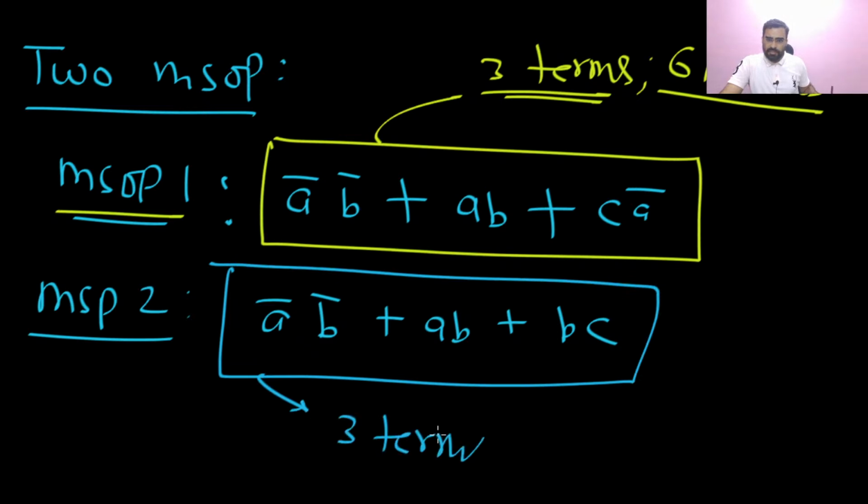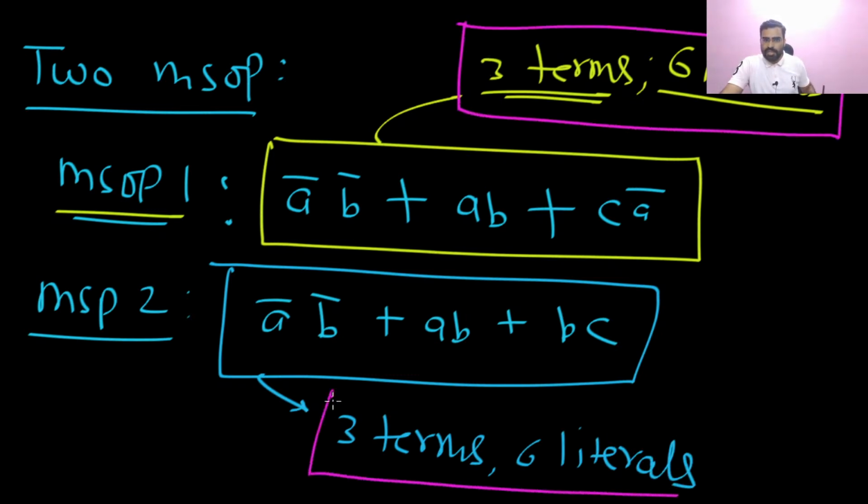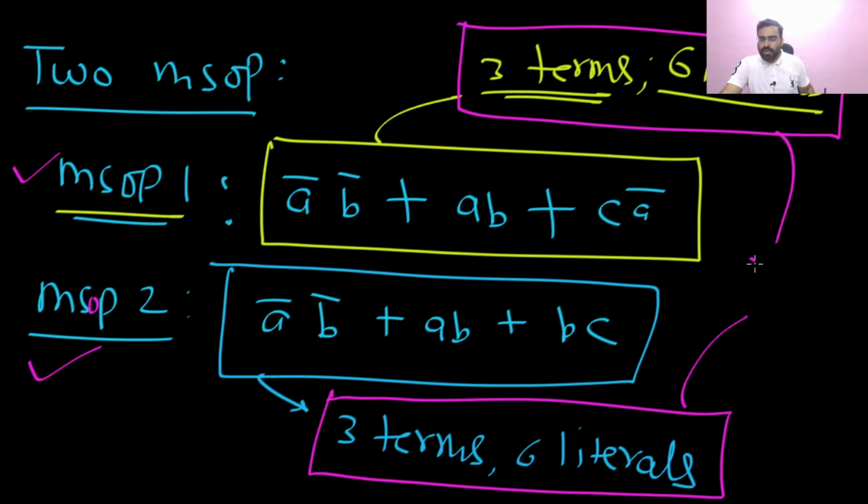Here also there are 3 terms, 6 literals. I can say this is the complexity of the expression. That is the reason this is also a minimum SOP, and this is also a minimum SOP. This is the complexity of the expression.